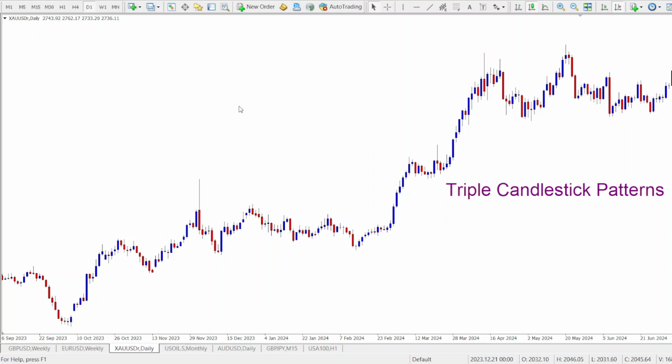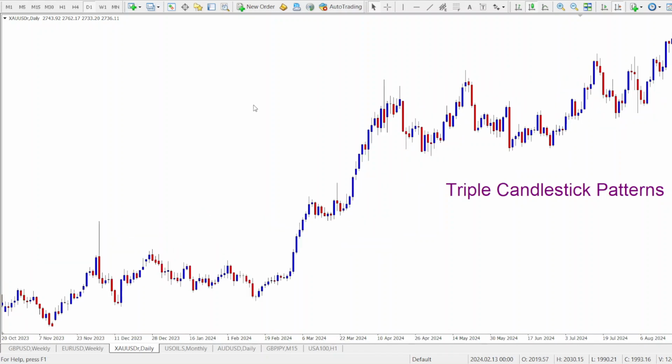The description of the morning star is that the first candle is a large bearish candle, followed by a small candle that can be bullish or bearish, which shows indecision in the market. And finally, we see a large bullish candle that closes above the midpoint of the first candle.